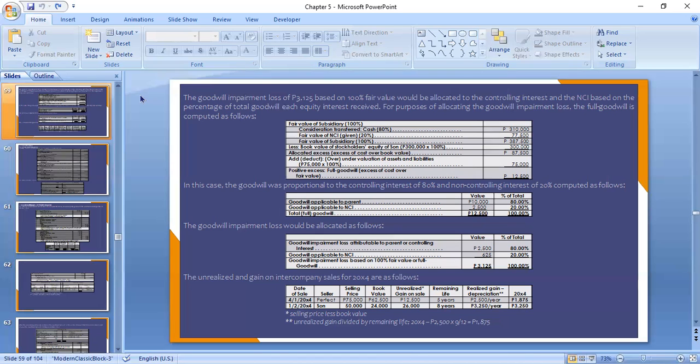So we have the goodwill applicable to parent and to NCI, the total of 12,500.